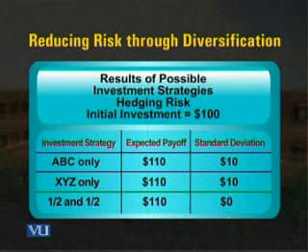But when we go for the third strategy, where we put 50% in XYZ and 50% in ABC, then the expected payoff remains the same, 110, but the standard deviation has gone to 0. And this is the essence of this particular risk reducing strategy. Our expected return has not fallen, it is exactly the same, but our standard deviation has gone to 0. Individually standard deviation was 10 and 10, but now it has come down to 0.